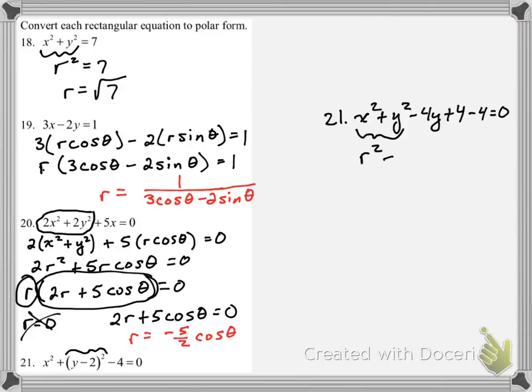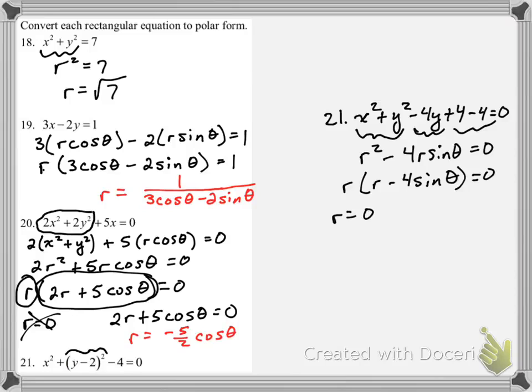We know y is equal to r sine theta. And then we know 4 minus 4 is 0, so that goes away. And we can factor an r out, leaves us with r minus 4 sine theta equals 0.